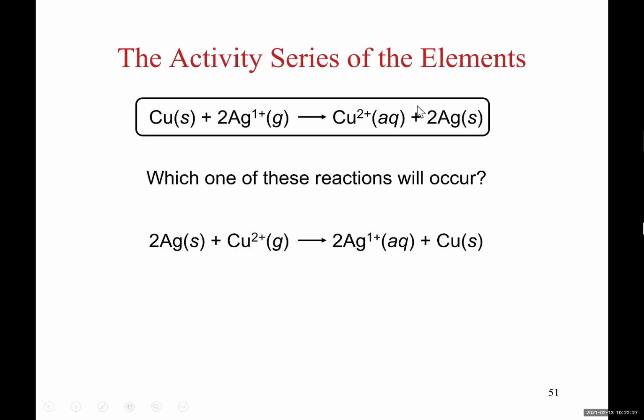This is going to happen. And that means the opposite of this reaction is not going to happen. In other words, if I add silver metal to copper ion, I'm not going to be able to make copper. But you already observed that when we place copper wire in silver ion, you saw formation of crystallized silver metal.